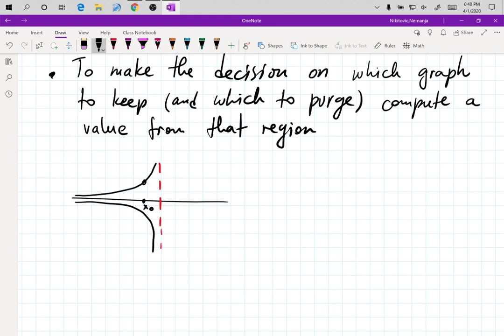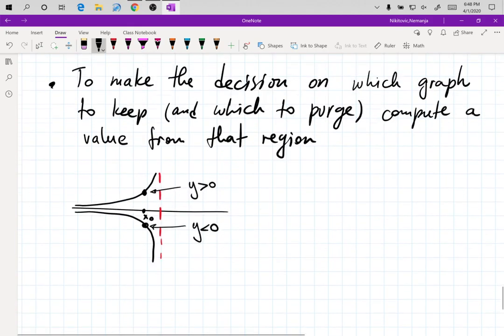For this point, y is larger than 0. And if the one on the bottom is right, that's y less than 0. So you are going to get either a number bigger than 0 or a number less than 0, and that will determine which one you keep and which one to purge. And believe it or not, that's it.